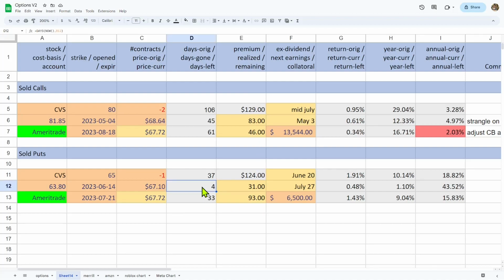I only opened that 4 days ago, and I've already realized $31. So I've been making 43.5% on that. With 33 days left, I can still make almost 16%. And when I originally opened the put, if I realized all the premium, that's going to give me almost a 19% return, assuming it expires worthless. And the collateral is 6,500. That's how I'm calculating these yield numbers.